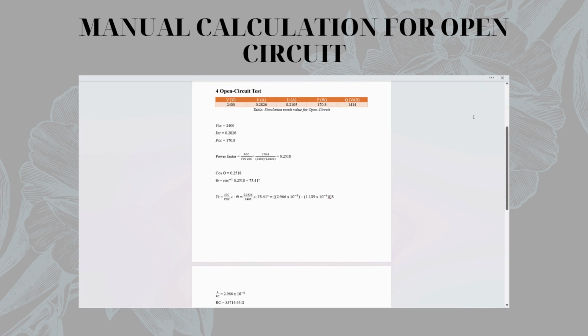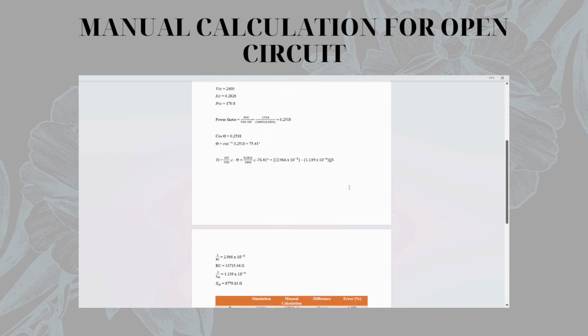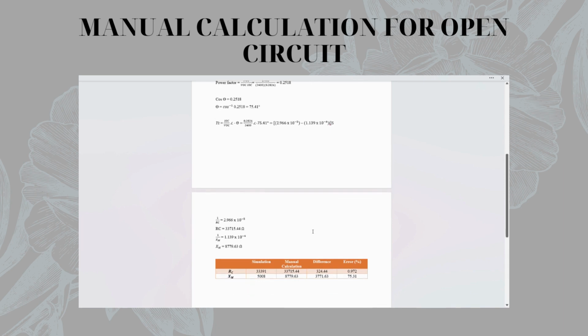And the next is we got 2.966 multiplied by 10 to the power of -5 minus j1.139 multiplied by 10 to the power of -4. To find the RC, this is the formula.